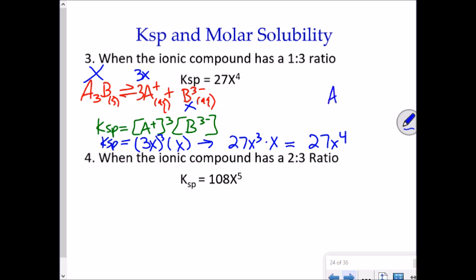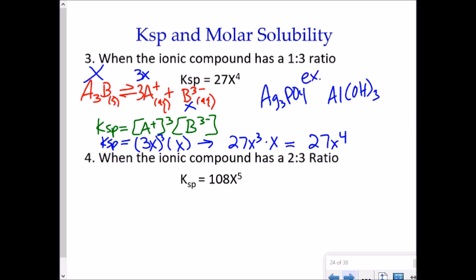Now, ones that are like this, aluminum hydroxide, that 10 to the minus 33 one I showed you, that's one like that. So that's plus 1. Oh, silver phosphate would be another good example of a 1 to 3 one. 1 phosphate every 3 silvers. Okay, so these are examples that would fit this 1 to 3 ratio.